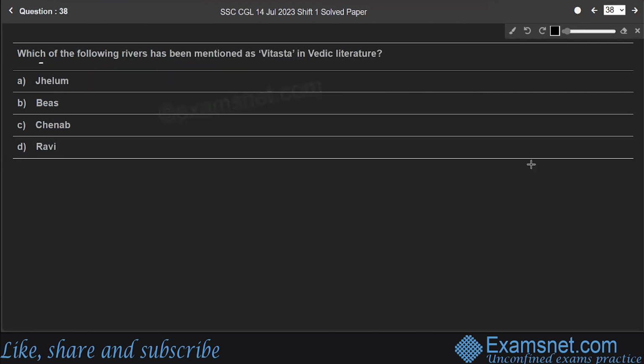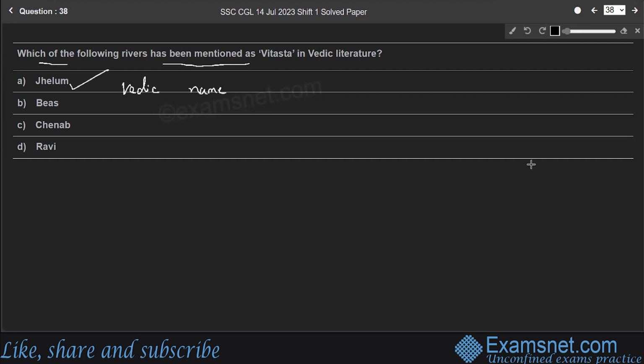Question 38. Which of the following rivers has been mentioned as Vitasta in Vedic literature? Here, Zeelam river has been mentioned as Vitasta in Vedic literature. Vedic name of Zeelam is Vitasta, right?